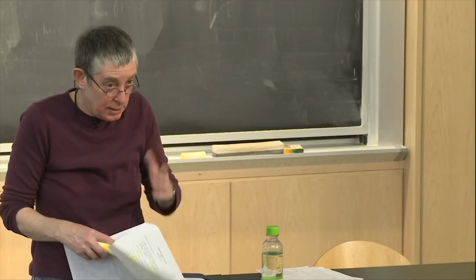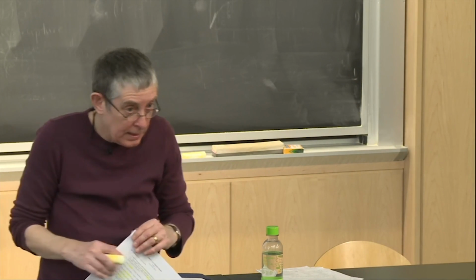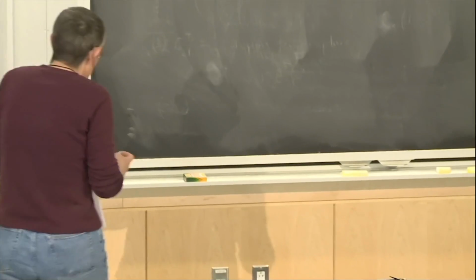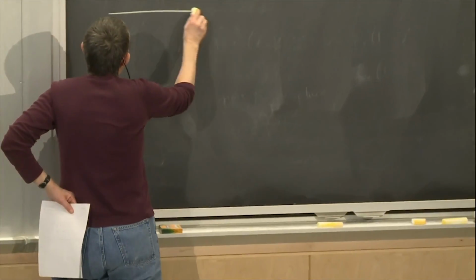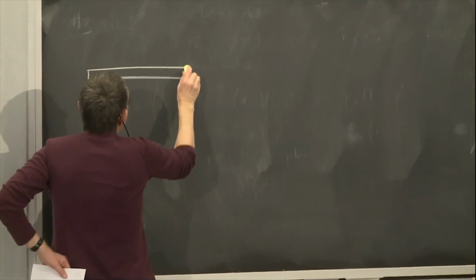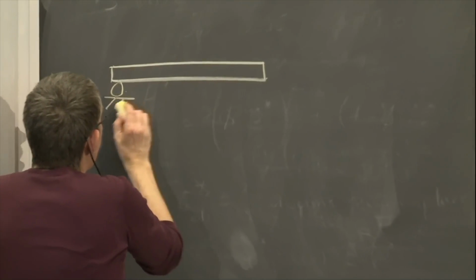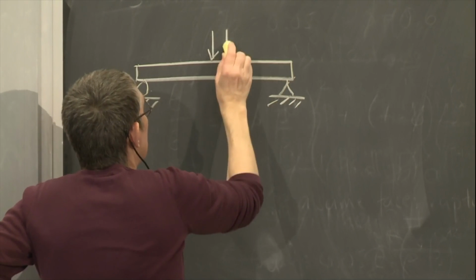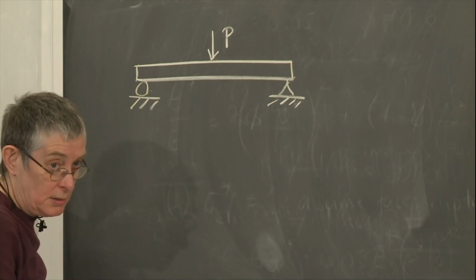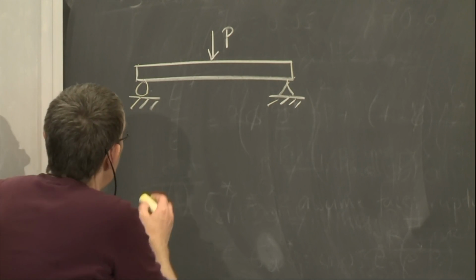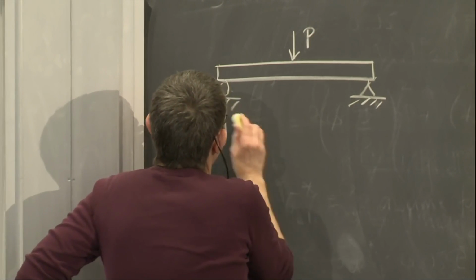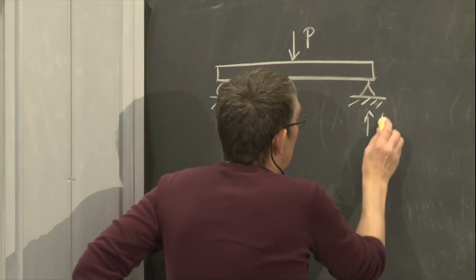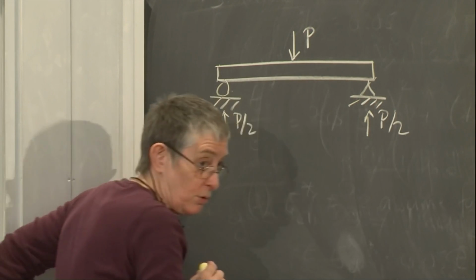Okay, what else? Yep. Explain what a plastic hinge is. Plastic hinge, okay. So let's just say we have a beam in bending, okay? And say it just has a load P in the middle. So if there's a load P in the middle, then this reaction is P over 2, and that reaction is P over 2.